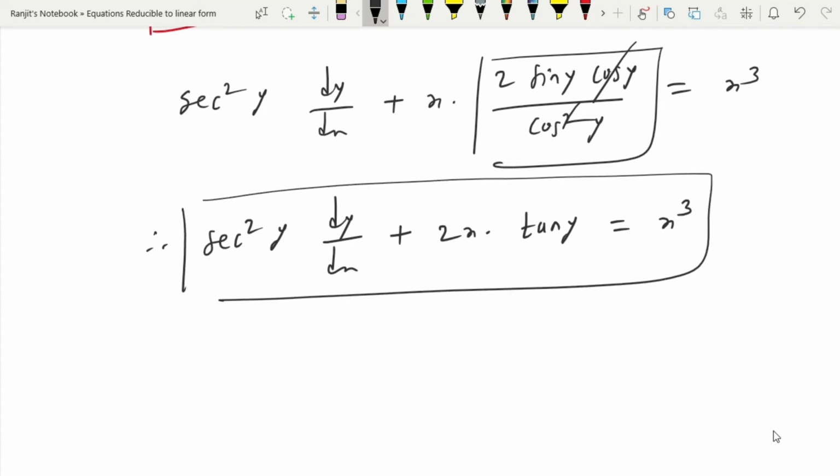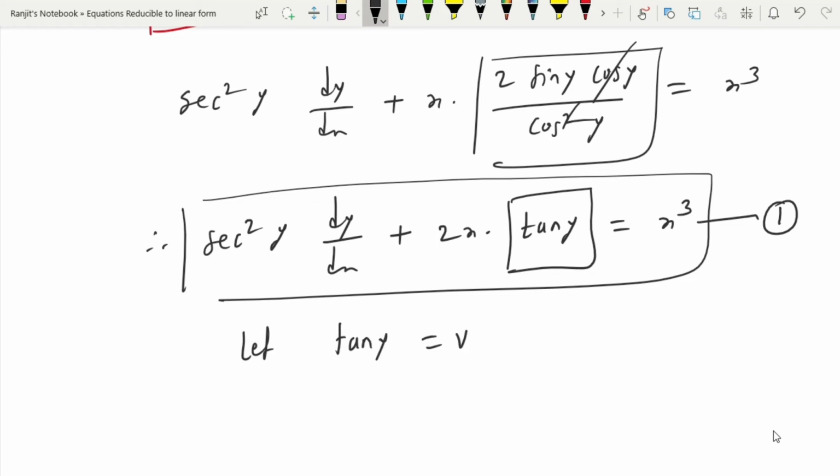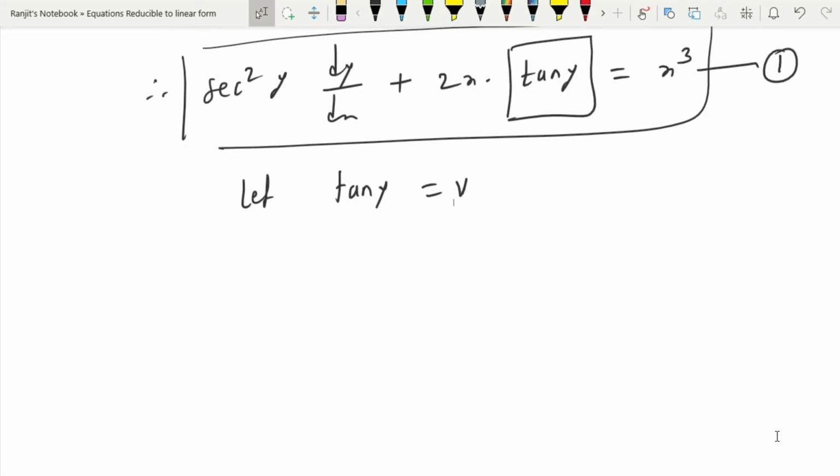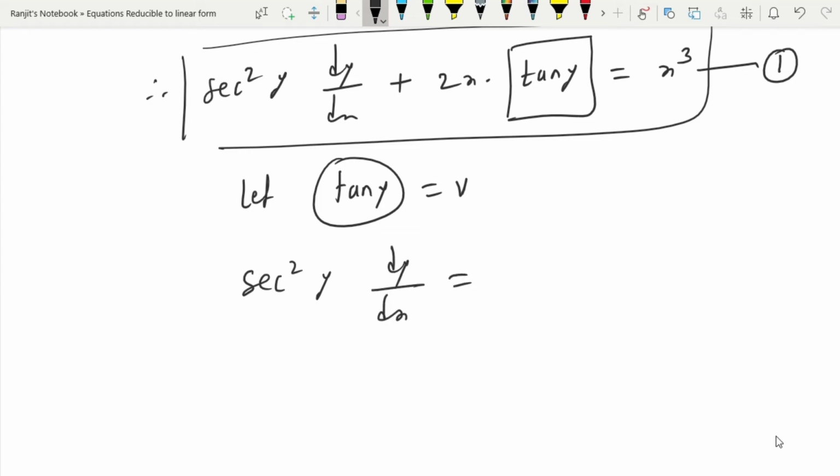This equation is denoted by 1. Now let tan y be equal to v, and differentiating this with respect to x, the derivative of tan y is sec square y times dy by dx, equal to the derivative of v, dv by dx.